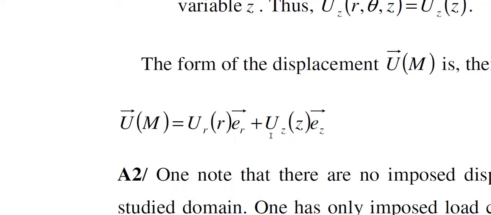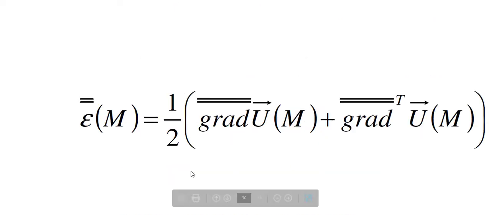The circumferential component u theta is equal to 0. Also, the radial component ur will depend only on the radial coordinate of the considered point M, while the longitudinal component will depend only on the longitudinal coordinate of the considered point M.